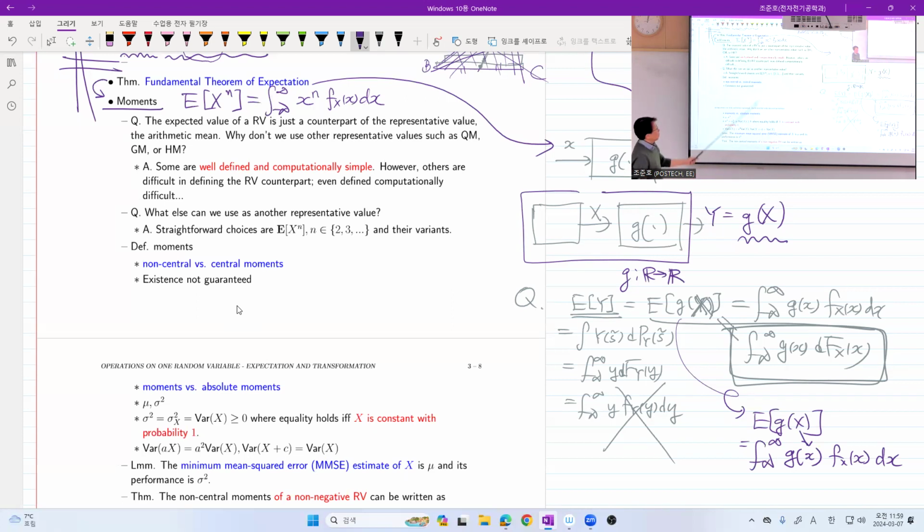No, you need to prove or at least accept the fundamental theorem of expectation first. Anyway, this is the definition, you may say, or this is the obvious derivation, right? And we have a lot of things.